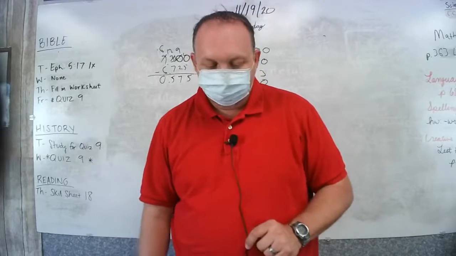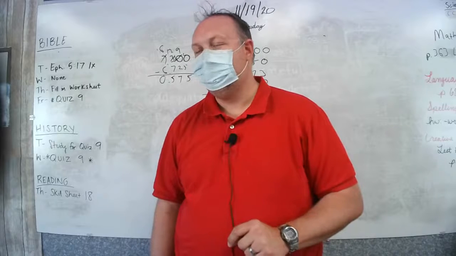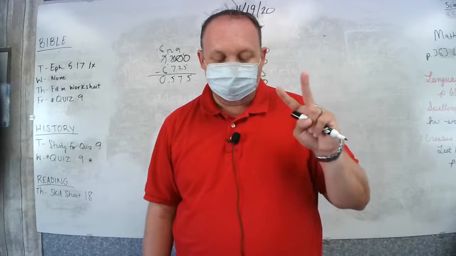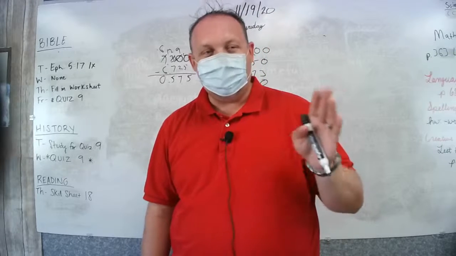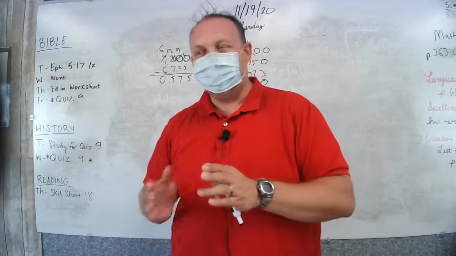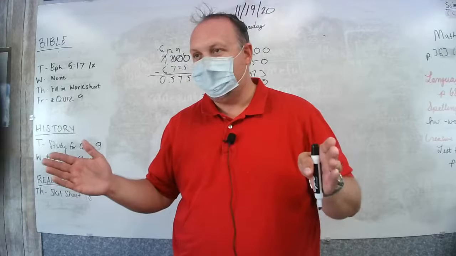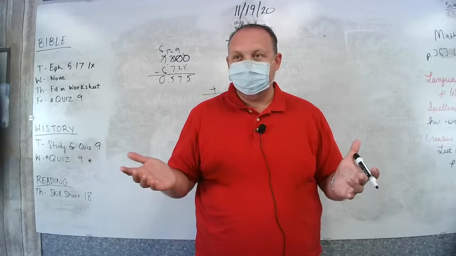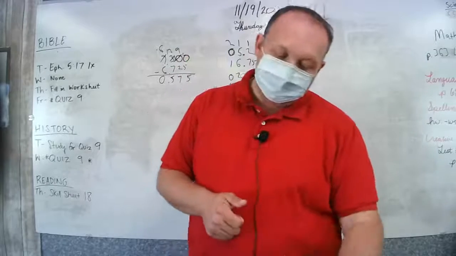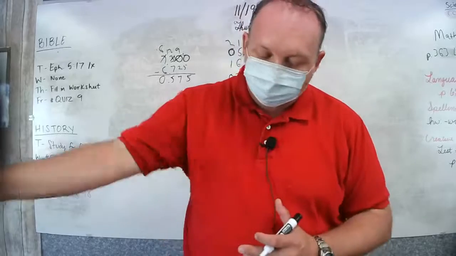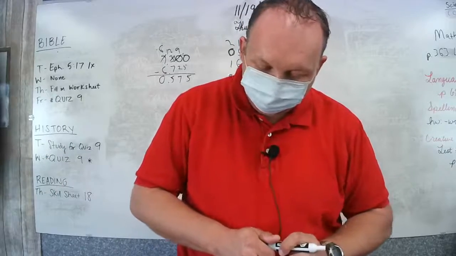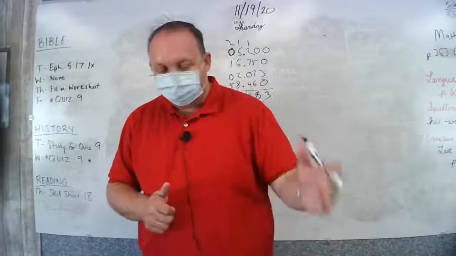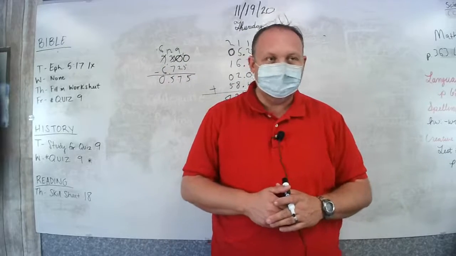Liviana? Oh, wait, no. Yes, we do. We need to add 2 zeros to 525.6, so after the 6 we put 2 zeros so we have the same number of decimal spaces. This also gives us a number to borrow. Once we add those 2 zeros, we subtract. Shane, what are we going to get? 409.916.